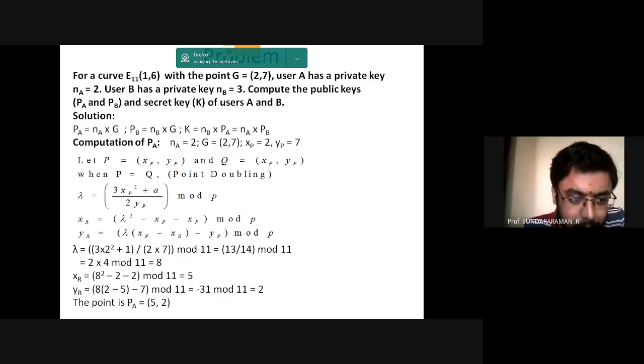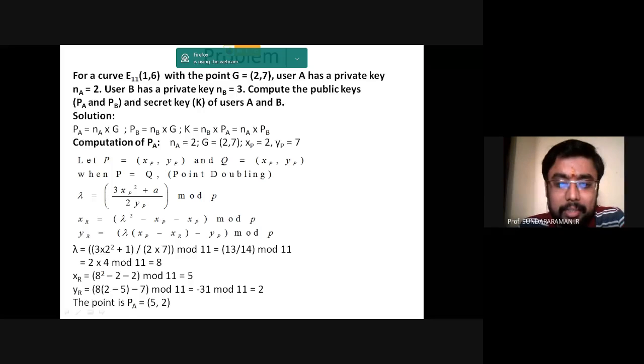Lambda is 8, xp is 2, minus XR. XR here is 5, already we computed, so we substitute that, minus 7. 7 is YP, which is given here. So 8 into (2 minus 5), 2 minus 5 is minus 3. So minus 24. Minus 24 minus 7 is equal to minus 31 mod 11, which is equal to 2.